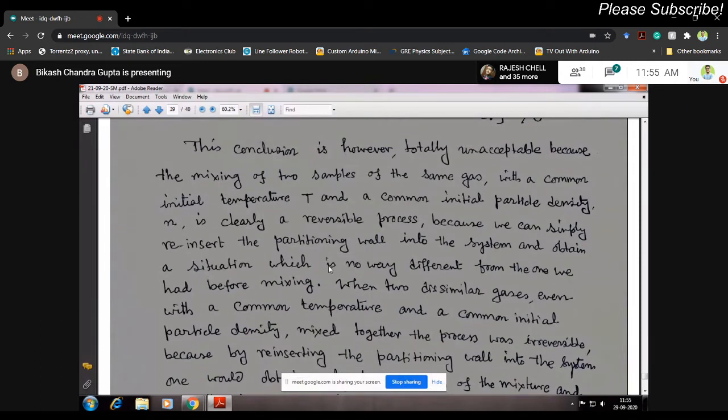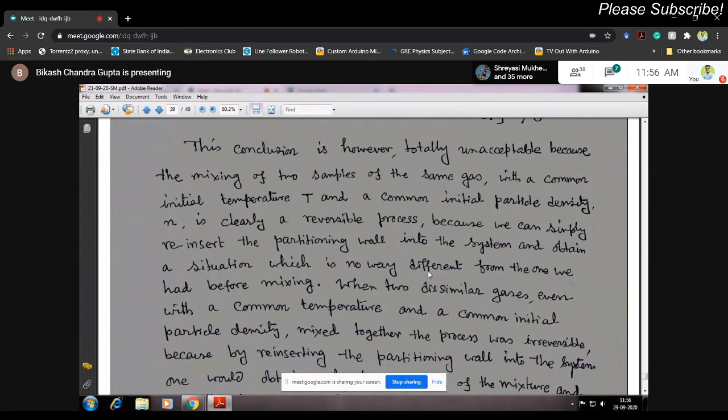I mean, the language he has used, nothing could be better than that. You see everything is crystal clear, that with the same gas, with a common initial temperature T, common particle density N, it is clearly a reversible process, because we can simply reinsert the partition wall into the system and obtain the situation which is in no way different.